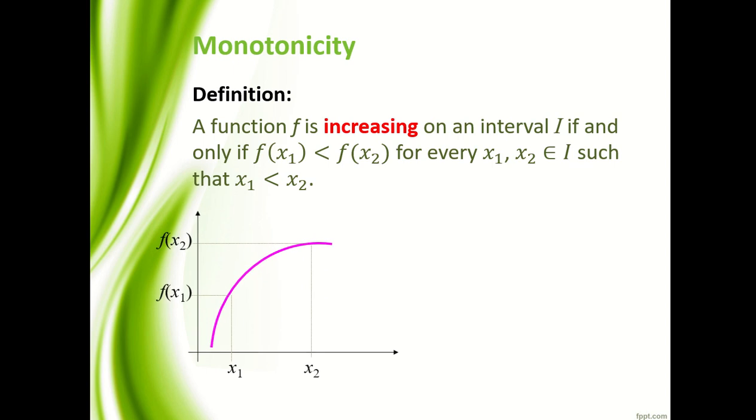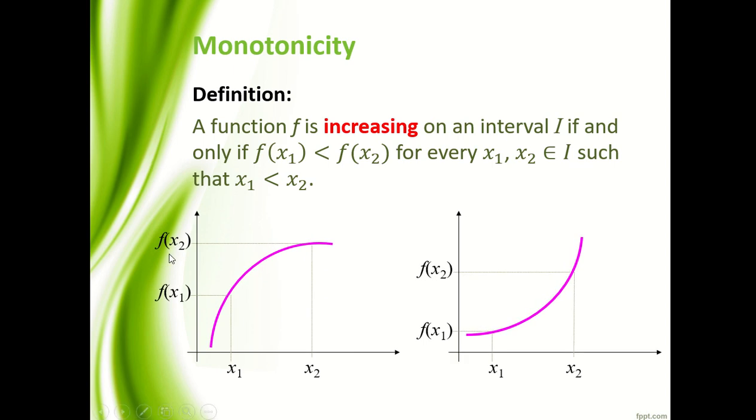So from the illustration we can see that, with reference to the axis, x1 is less than x2 in both scenarios here. Looking at x sub 1 and x sub 2, we can say from both of these illustrations that x1 is less than x2. So this is the condition: x1, x2 elements of the interval such that x1 is less than x2.